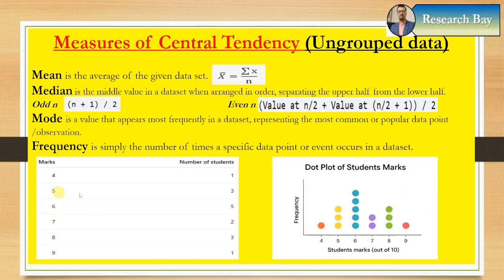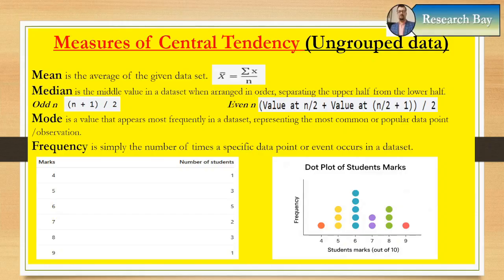If we see 5, there are only 3 students lying on 5 marks. But 6 is secured by 5 students, which is the maximum. So that is the mode, a value that appears most frequently. So 6 is the mode.